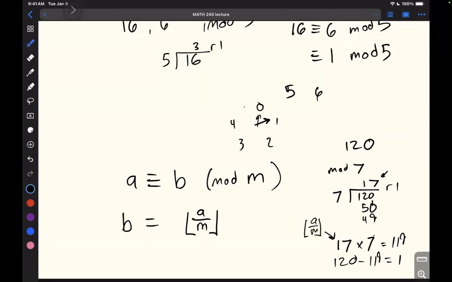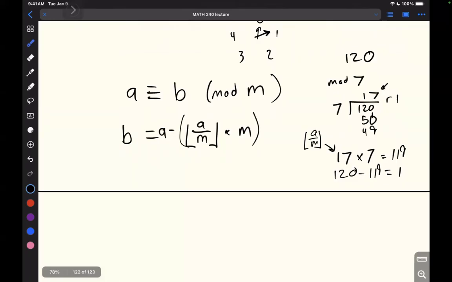Then we multiply that by our modulus, and then subtract that product from A. That's a way to get B. So just formalizing what we compute. Again, this formula is not in your textbook, so it could be wrong, but I don't think so.